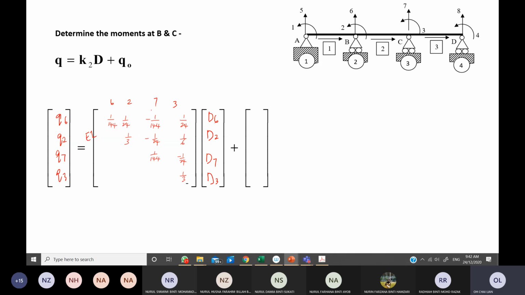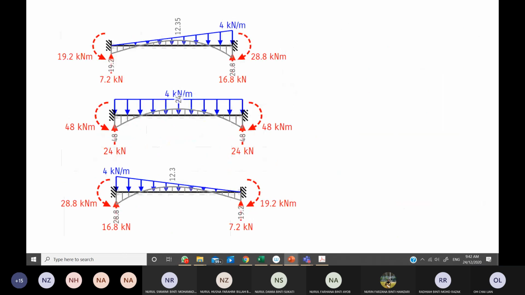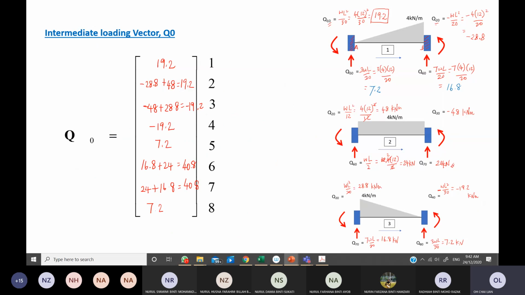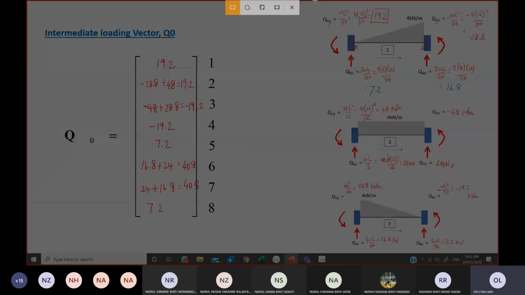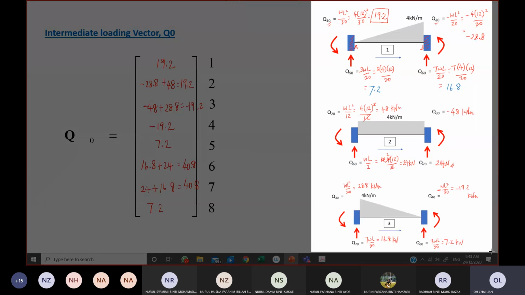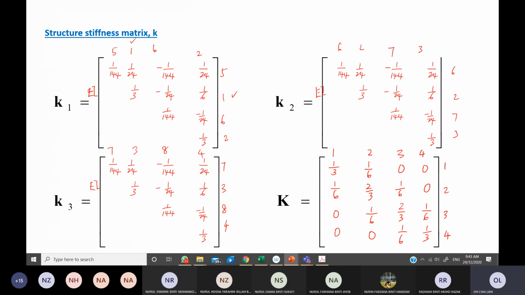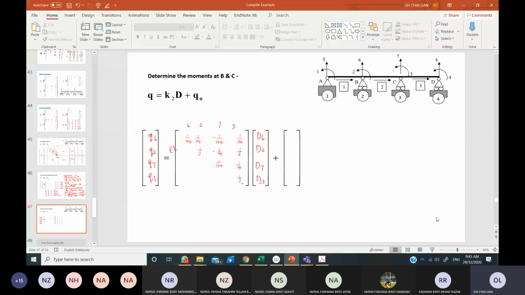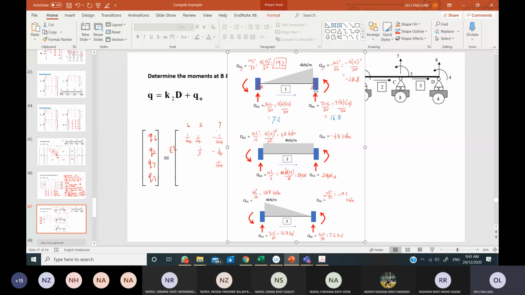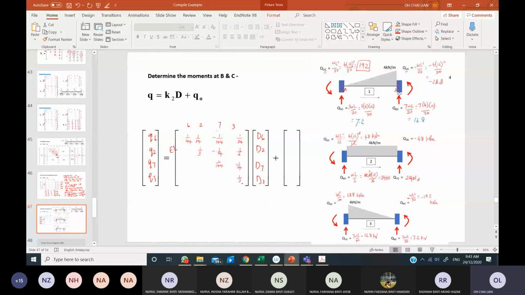Let me go back. So you refer to this element number 2.